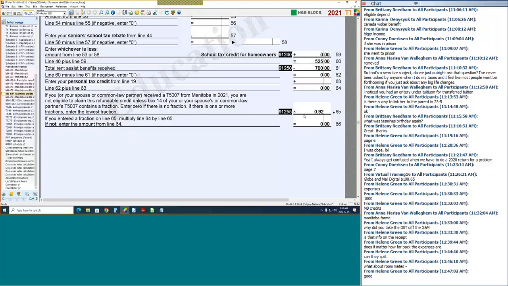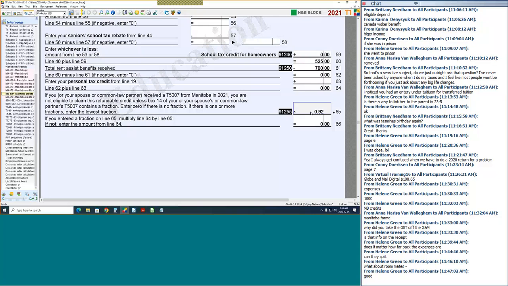Now, it is important for you to know this. If your client received a rent assistance, you have to enter the rent assistance and you have to enter the rent that they paid. Because if they want to continue to get rent assistance, they have to prove that they received the rent assistance and they paid rent. So that's a scenario where you're going to do the data entry.